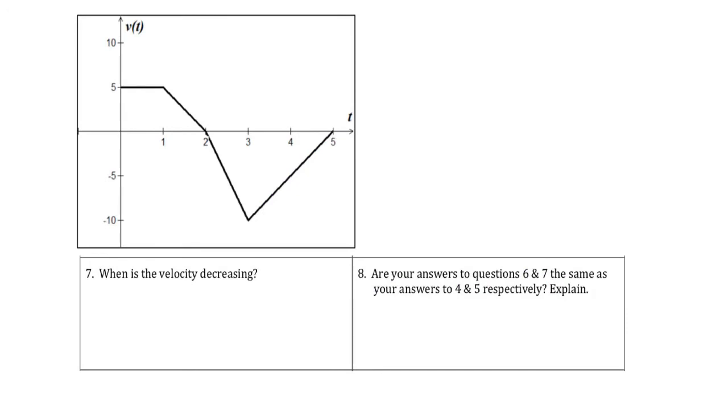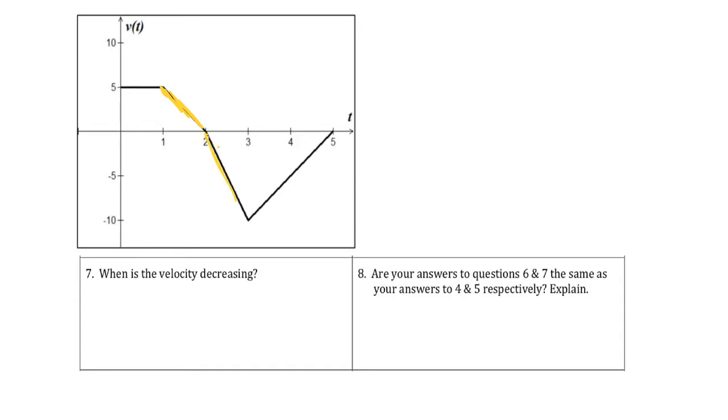All right, so our next question, where is velocity decreasing? And so just like earlier, you can have a portion of your velocity graph decreasing and be positive. You can also be decreasing and negative. So looking at this graph, I see that my velocity is decreasing from 1 to 2, and it also looks like from 2 to 3.